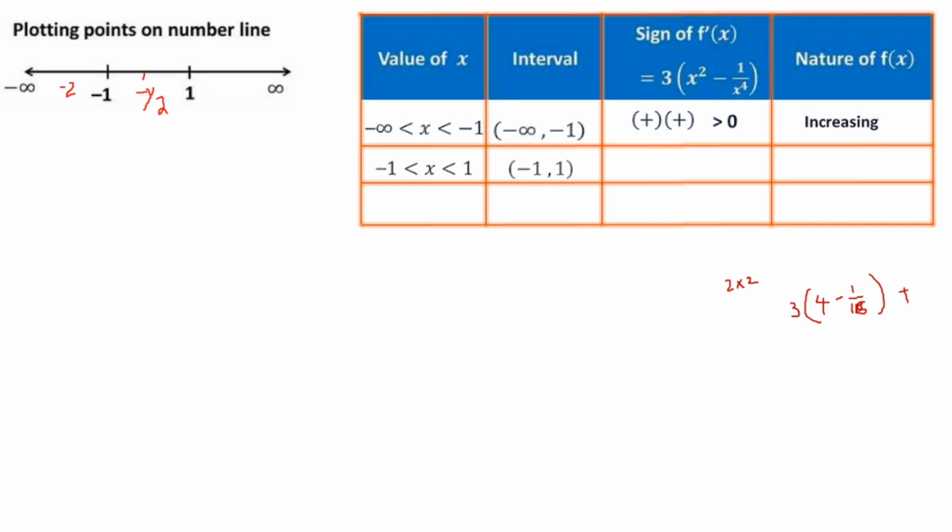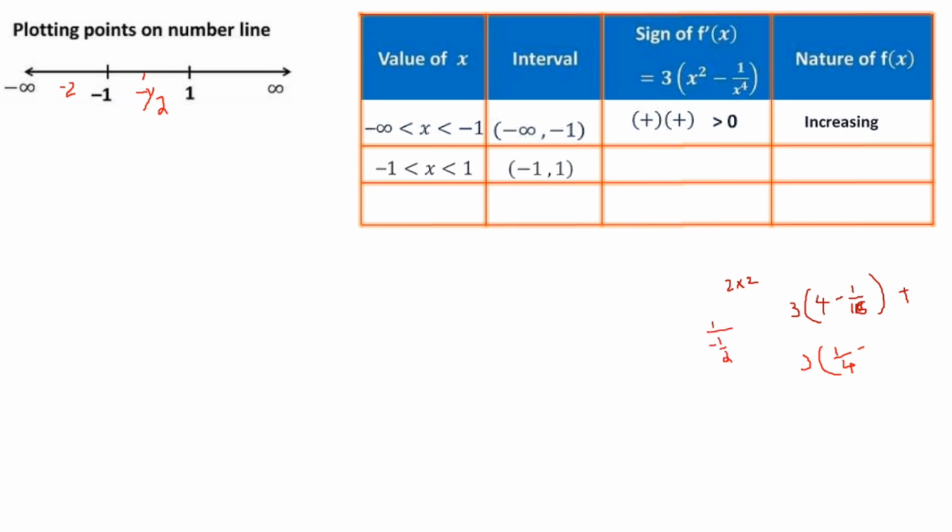So 3, of course, is positive. Then 3 into x square. x square is minus 1 by 2 the whole square, which is 1 by 4. Minus 1 divided by x power 4, which means 1 divided by minus 1 by 2 the whole power 4.